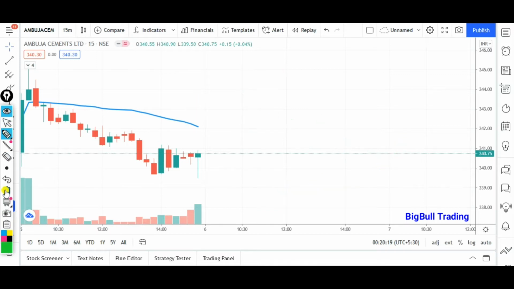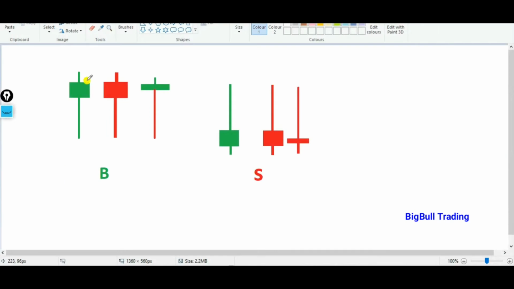So first I will show you the candle patterns which you can use for taking the trade. As you can see here, I have already drawn 1, 2, 3. These 3 are for buying. You need a pin bar, this type of candle with a tail. It can be green, it can be red, or it can be very thin also, for the buy.